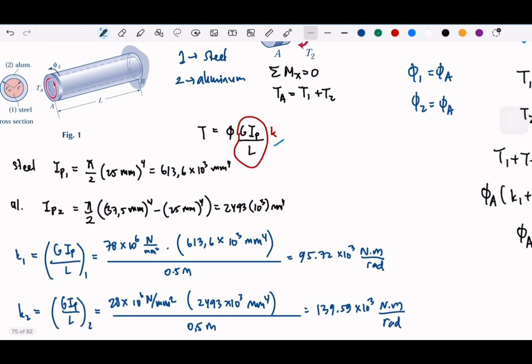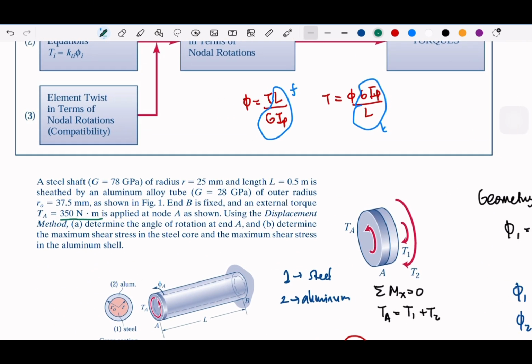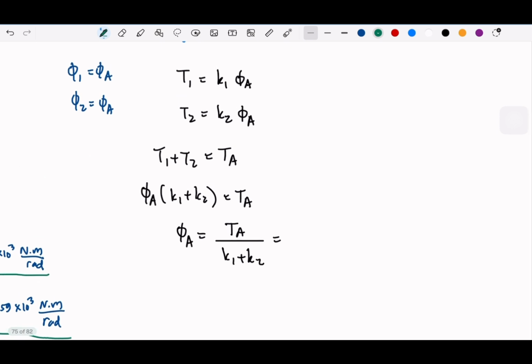This is K1, this is K2, and TA is 350 Newton meter. So we can input all these conditions to get 1.4 times 10 to the power negative 3 radians. So this is the twist angle at A.